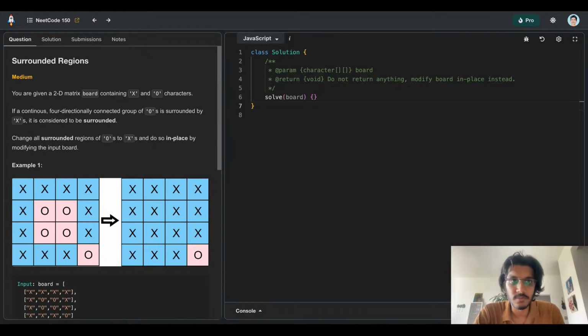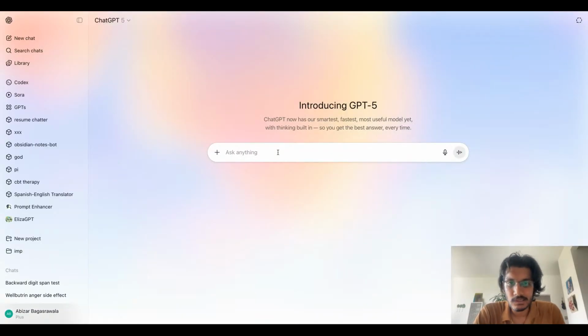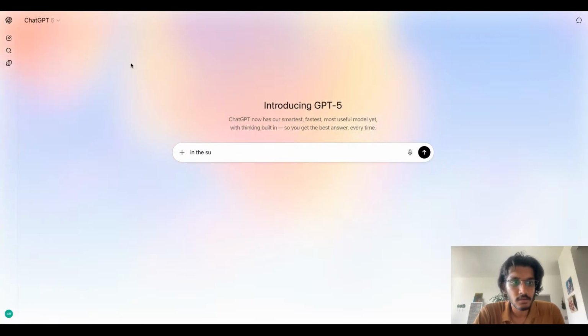Let me ask ChatGPT just quickly. In the Surrounded Regions LeetCode question, can you explain it once to me?